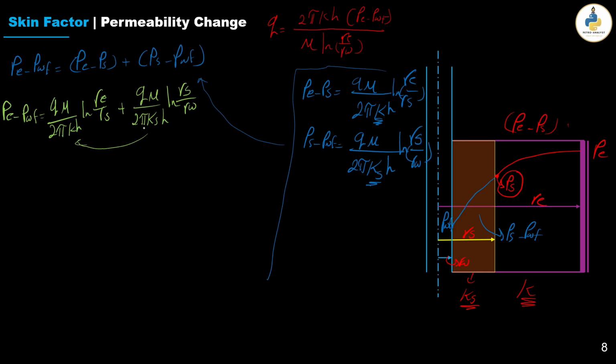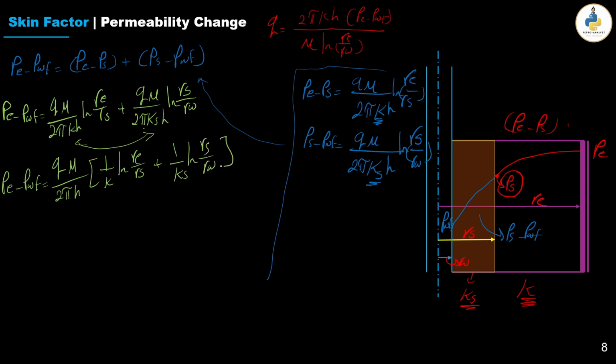And by taking the common factor, PE minus PWF is going to be Q mu over 2 pi H, 1 over K times ln RE over RS plus 1 over Ks ln RS over RW.